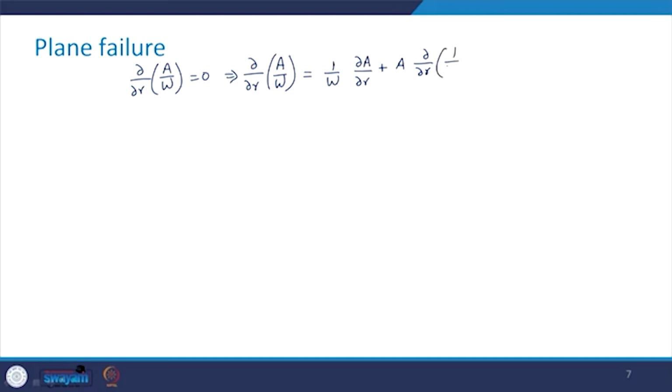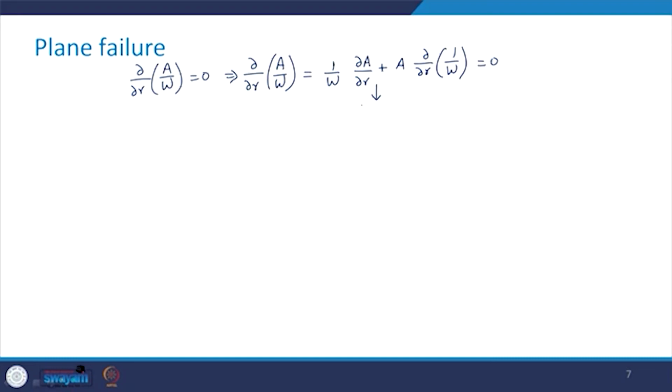So, what we have is del r of A upon W equal to 0, and what we can get from here is del r of A by W can be written as 1 upon W del A del r plus A del r of 1 upon W to be equal to 0.